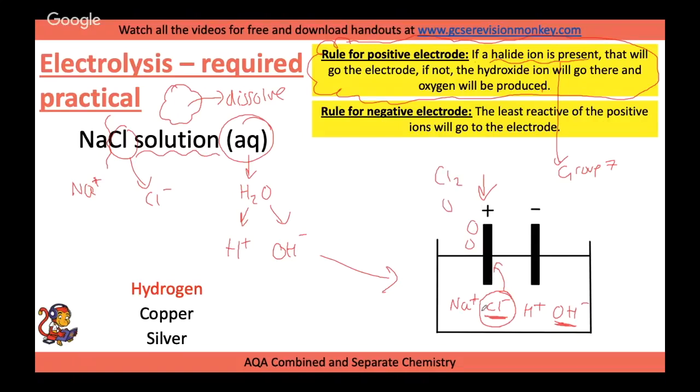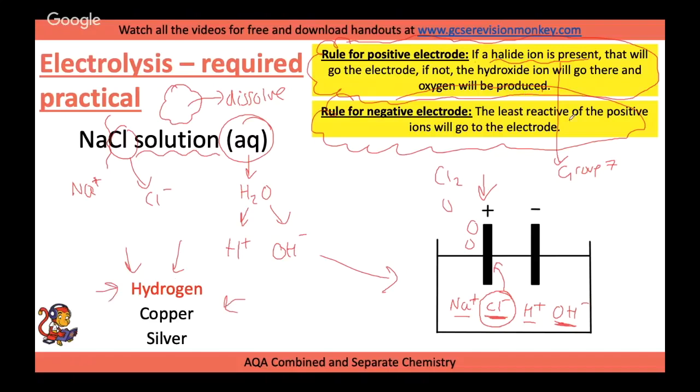At the negative electrode, we have two positives. And the rule here for the negative electrode is the least reactive of the positive ions will go to the electrode. Now, that is normally hydrogen, because hydrogen is very low down on the reactivity series.